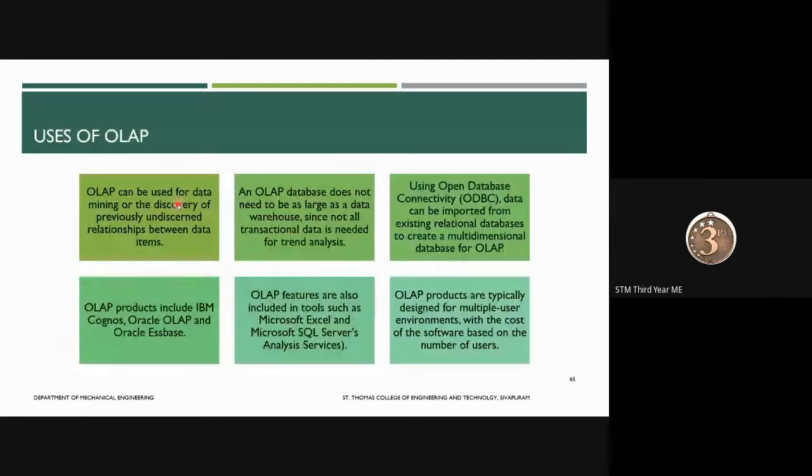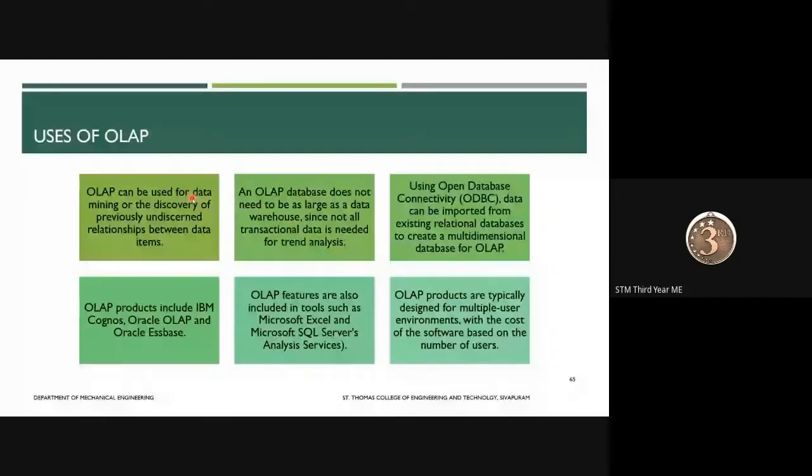Then some of the uses of OLAP: it is used for data mining. It is also an operation that is part of data mining. But data mining is only concentrated on categorizing the data or finding patterns, while OLAP is considered the processing or analytical part of data mining.